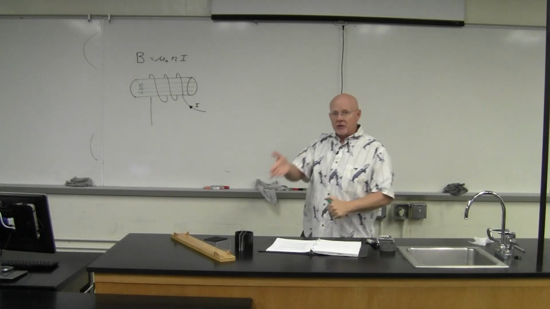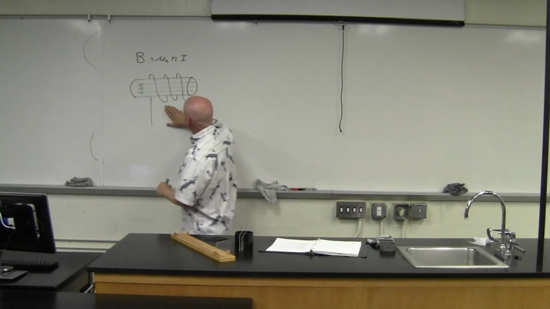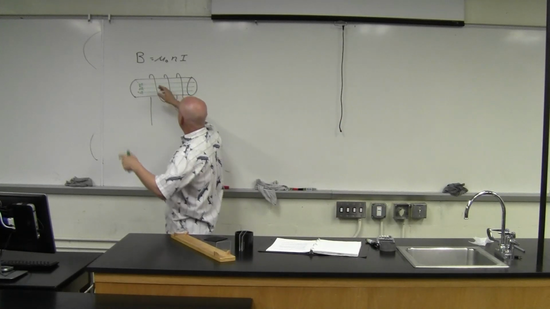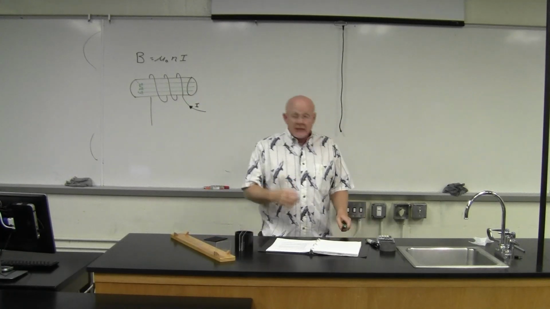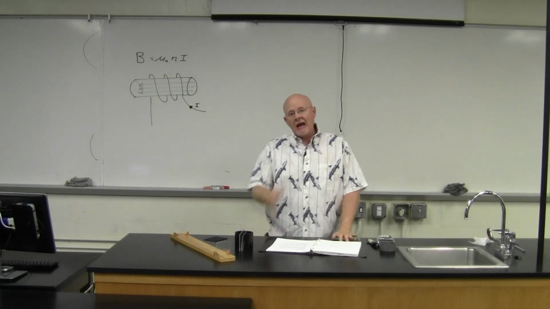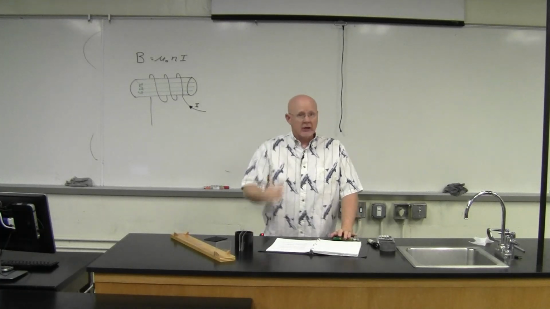Of course Ampere's law can be used to then calculate the infinitely long solenoid, and that's what we would get. So today's experiment is going to have you build a solenoid.